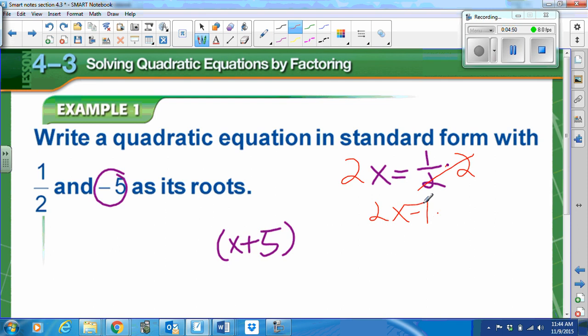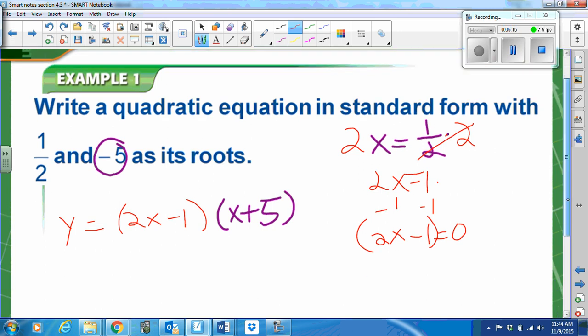Then we're saying, well, we started with a factor that we set equal to 0. So the last step that I must have done is add 1, so I would subtract 1. This would give me the factor 2x minus 1 equals 0. This is the factor that gives us a solution of 1/2. So this would be our equation. Now that's in factored form.